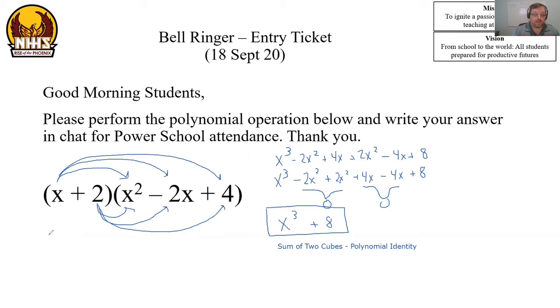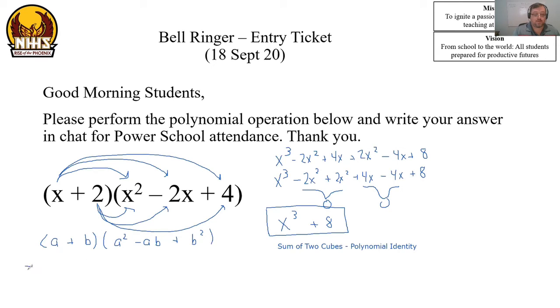If I let the x be a, and I let the 2 be b, this becomes a squared minus a times b plus b squared.